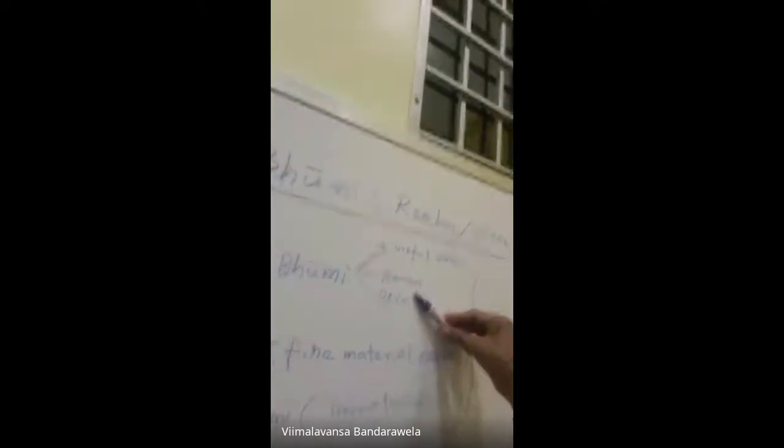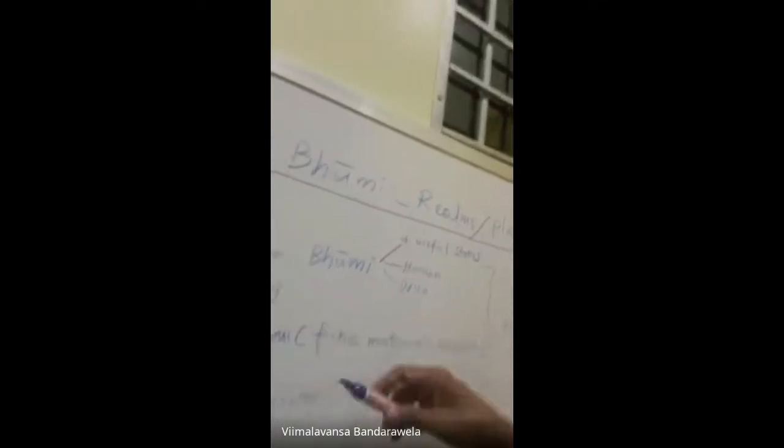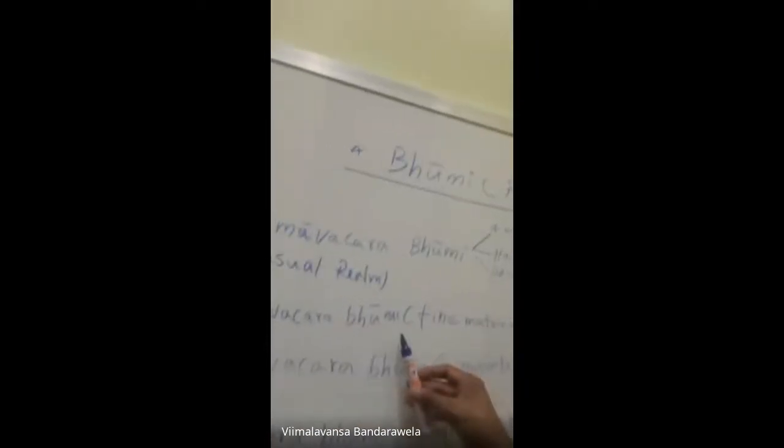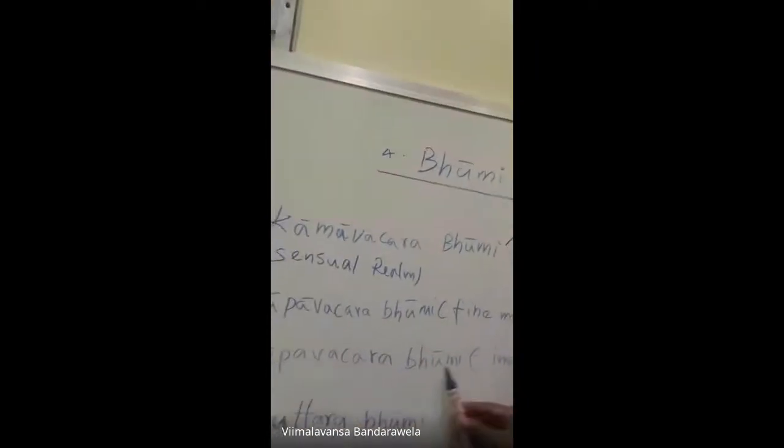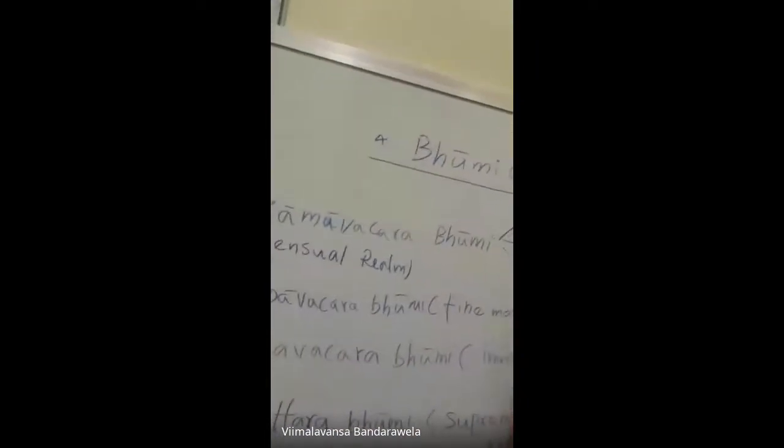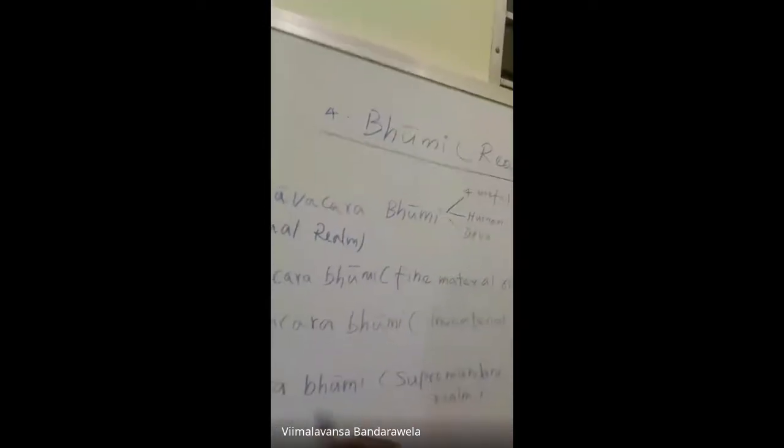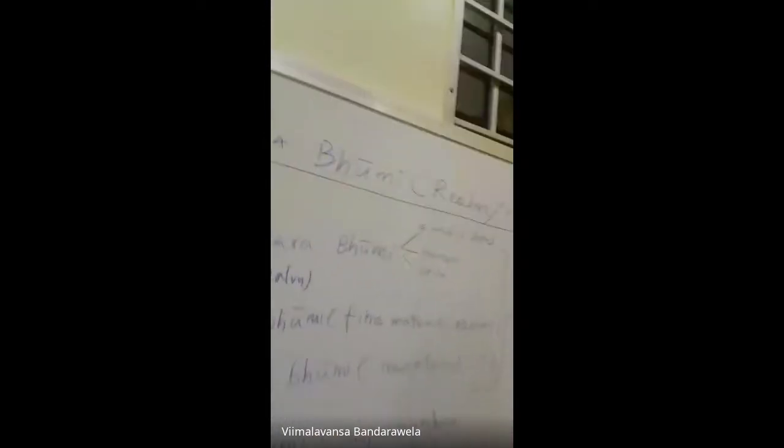So the 4 woeful states, the human world and the Deva world make up Kamavachara bhumi. Then Rupavachara bhumi means the fine material world, Arupavachara bhumi means the immaterial worlds, and Lokuttara bhumi means the supramundane realms. Those we discussed last day.